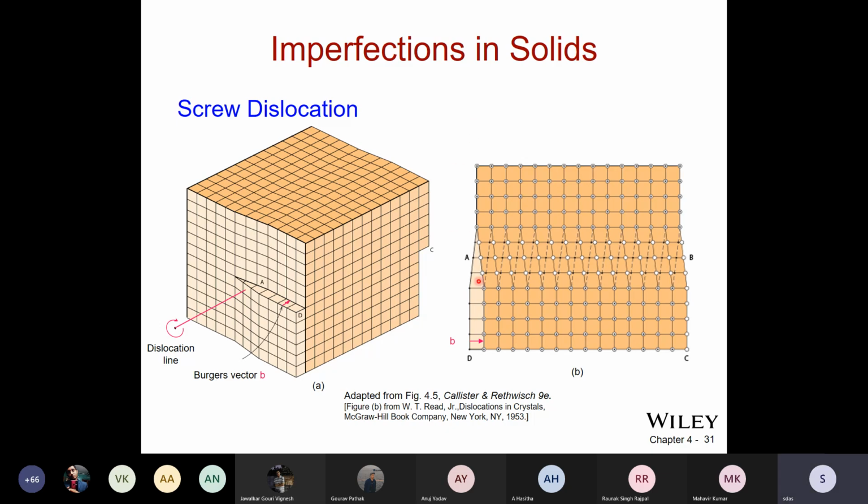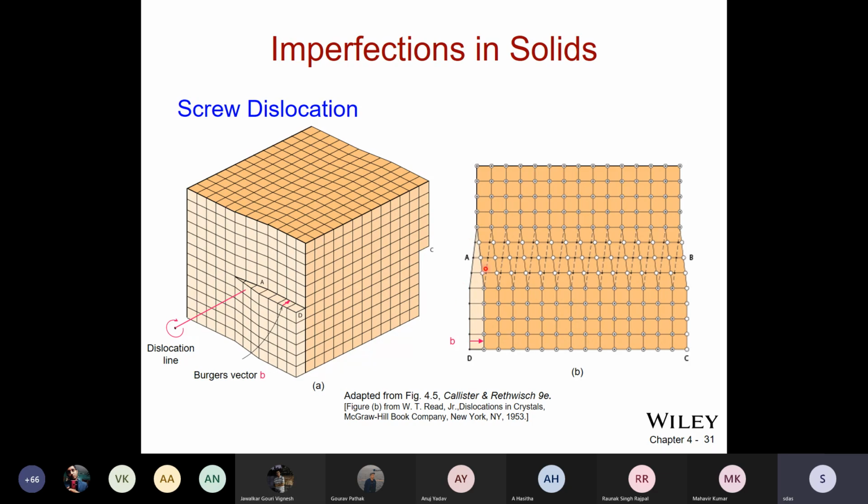So in this picture you will see there's an imaginary line AB around which the atoms are arranged as if on an imaginary spiral. So this is the width of the screw dislocation.